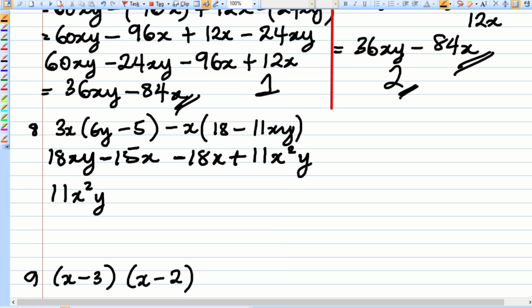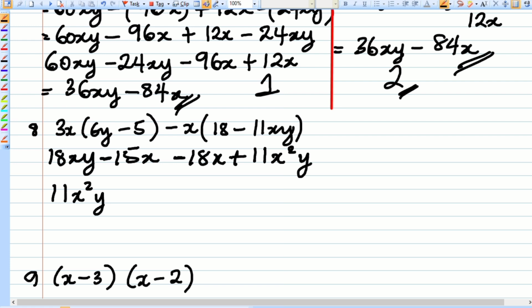Please, while collecting like terms, you always want to arrange this in order from the highest power to the lowest power. So you notice that everything here is x raised to power 1, y raised to power 1 until x raised to power 2. So x raised to power 2 is the highest power. That's why I'm writing it first. You like to arrange polynomial functions in order from the highest power to the lowest. So 11x squared y.